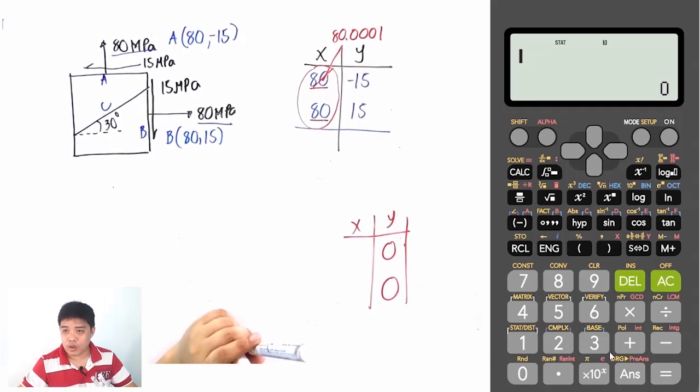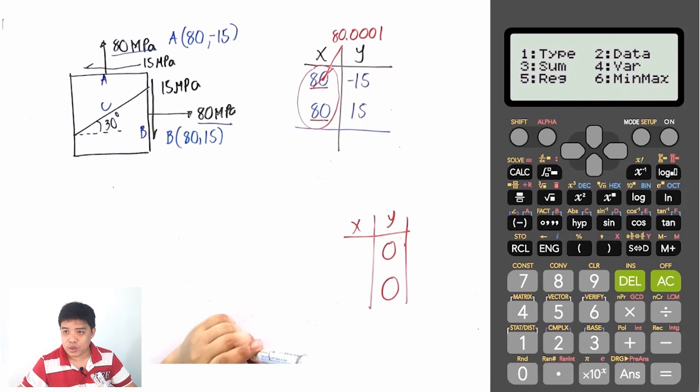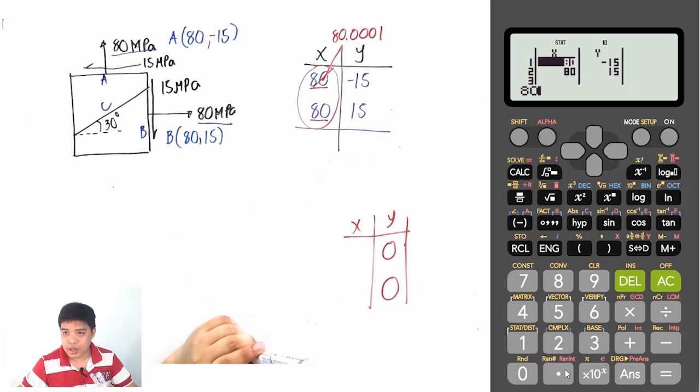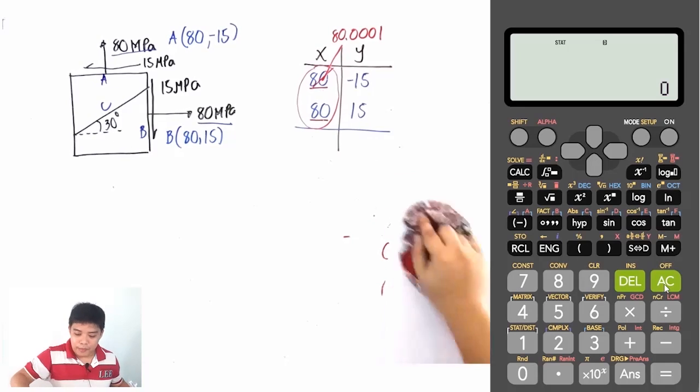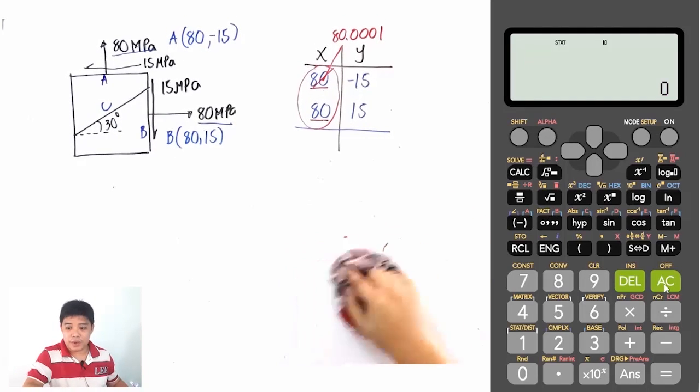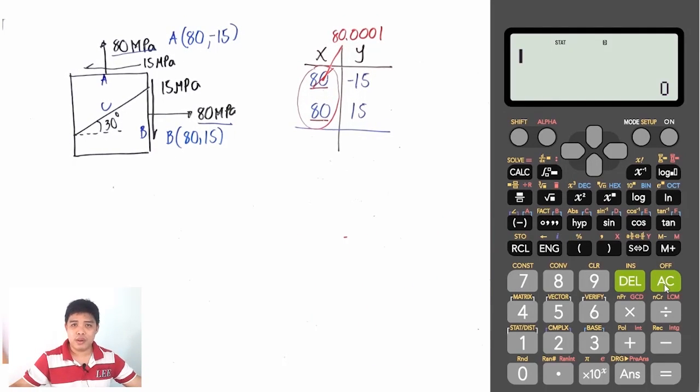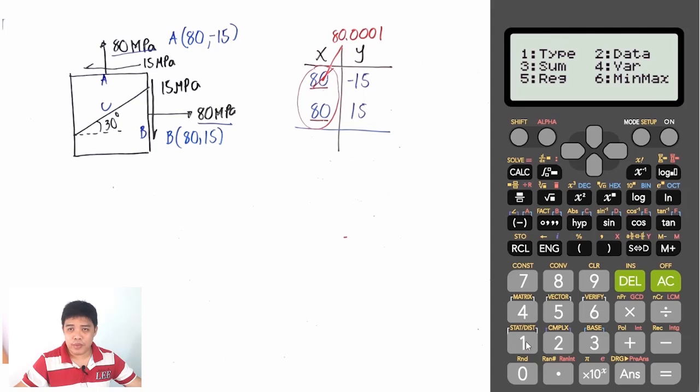So let us go back to our data. Shift 1, 2, which is data. Instead of 80, we can use 80.0001. You press AC. If you want to get the maximum and minimum principal stresses, you go over again the same way we did before.